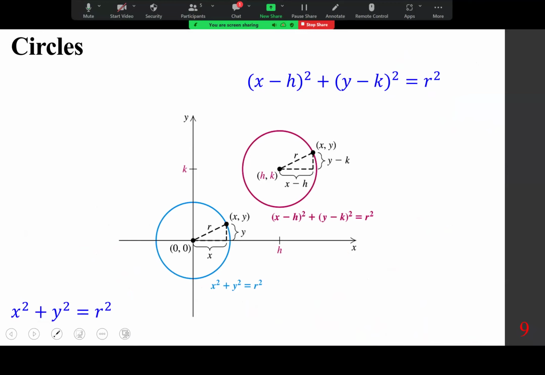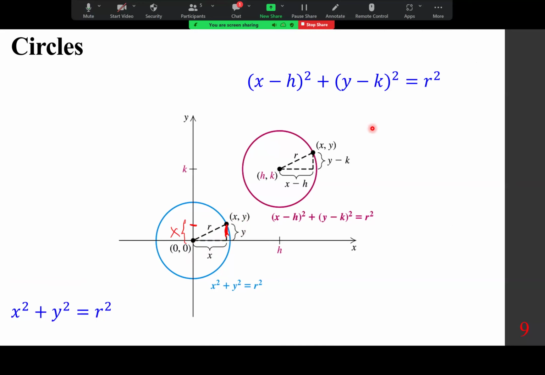Let's look at this one more time. This is a circle centered at 0, 0. This is some point on the circle having coordinates x and y. This distance is x, this distance is y. Remember, this is x, it's the same as this one. And so x squared plus y squared is r squared.